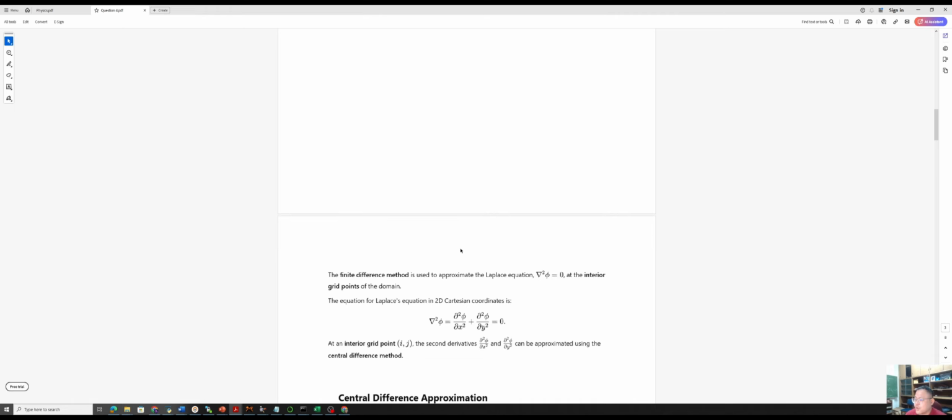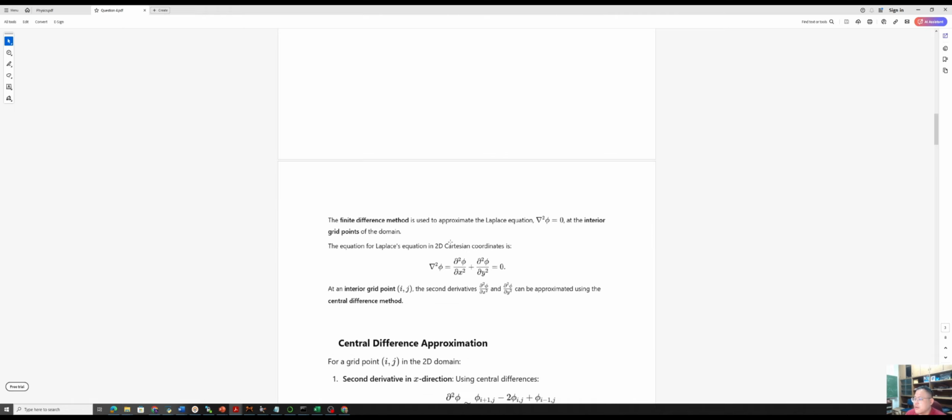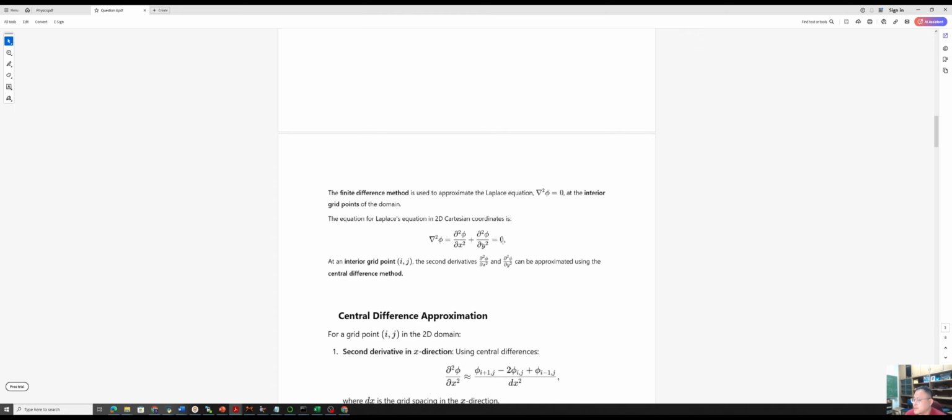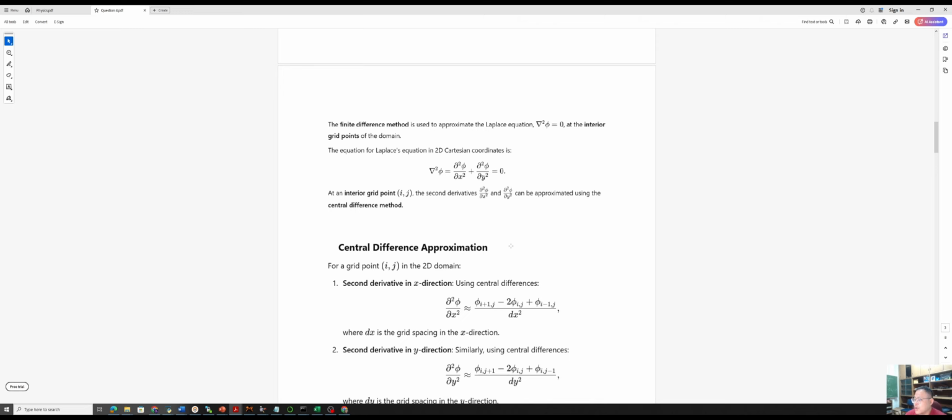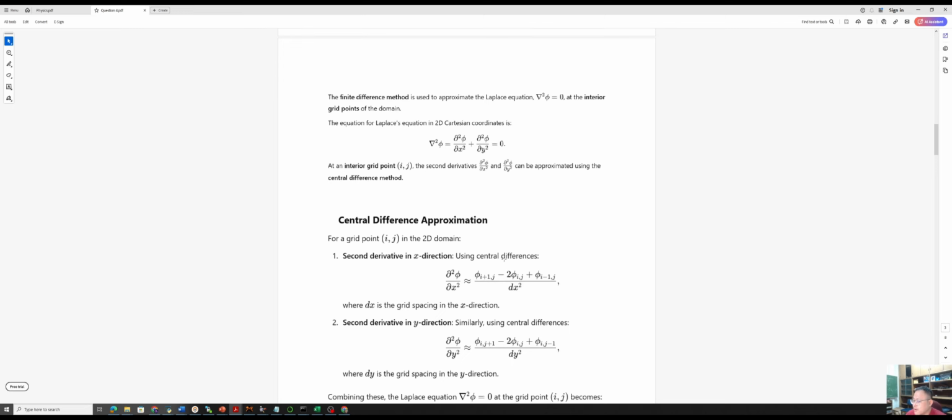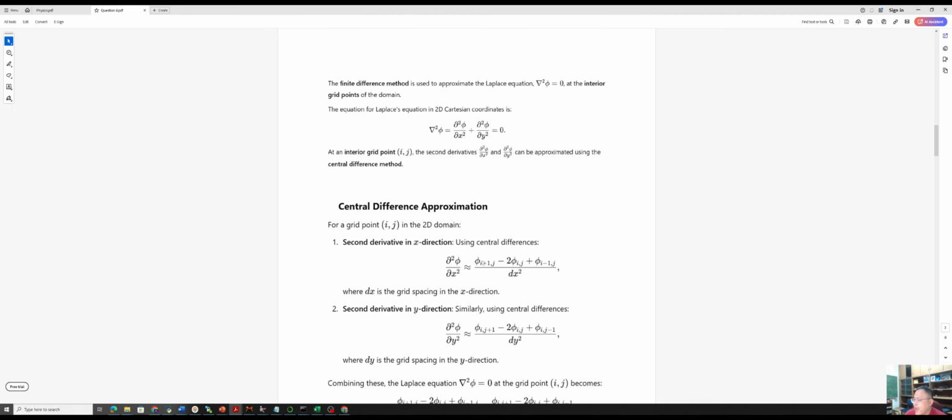Next, we are going to look at the finite difference method, where the x and y dimensions second derivatives sum to 0. The standard difference approximation for the second derivative is given by this equation, where i plus 1 is the index in the grid of i plus 1, and j is constant here, and then i minus 1 before the i.